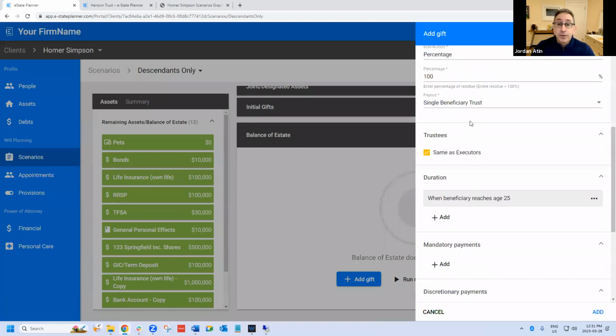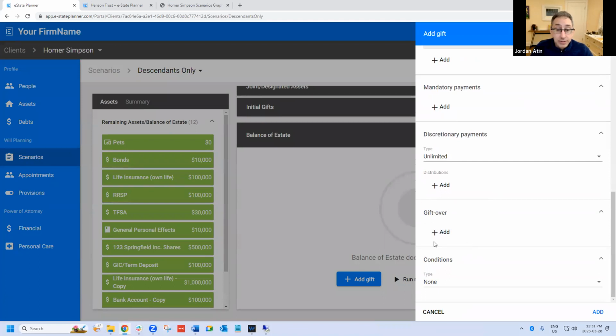So whatever you're doing, whether it's an absolute gift or it's a trust, there's a component called gift over right at the end. Okay, and that is necessary for ensuring, especially with a trust, if the beneficiary survives the testator but then dies before the end of the trust, what's going to happen? So that's where gift overs become so important for trust gifts.